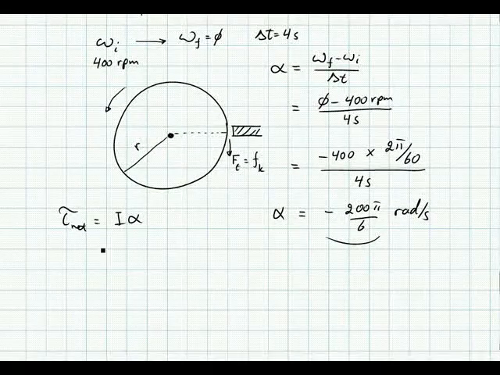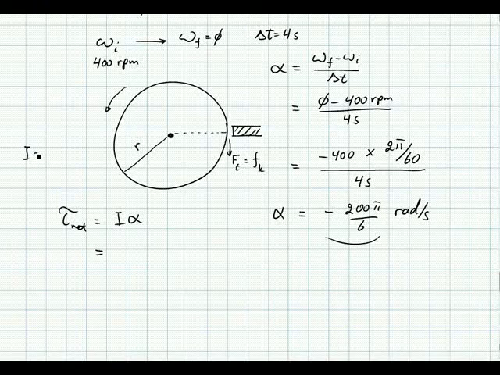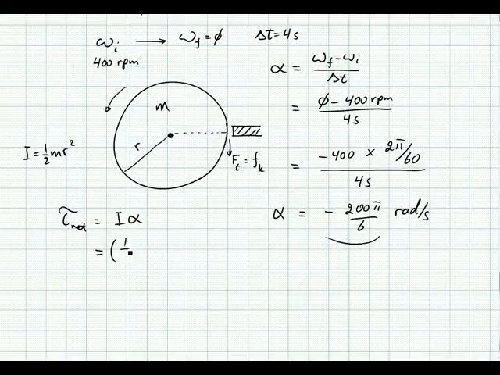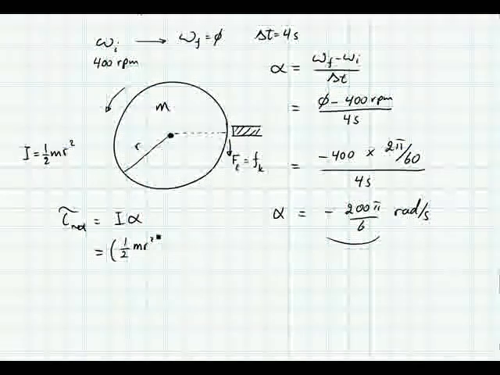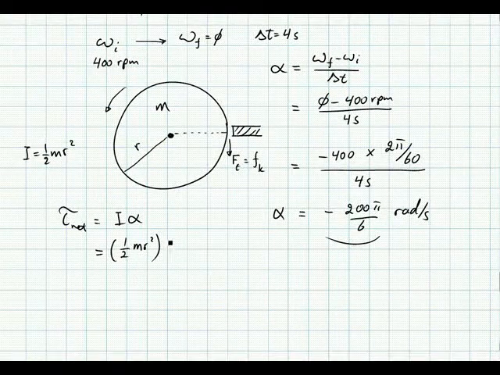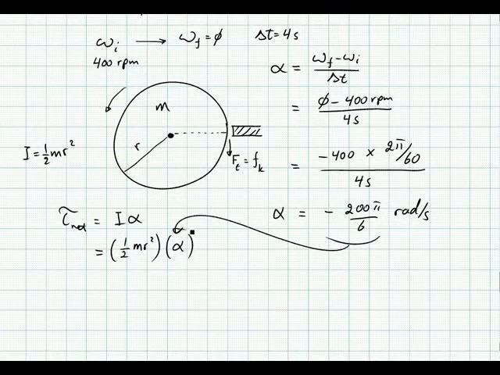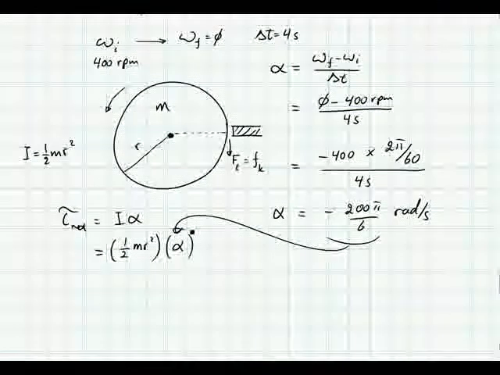I alpha. I, moment of inertia for a disk, is 1/2 of m r squared. So the disk has a mass m, let's say. So we have I is 1/2 of m r squared times alpha. And alpha you just figured out here. So this is your alpha. So we know alpha.